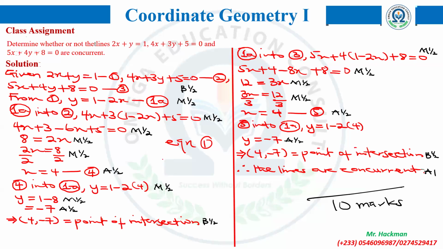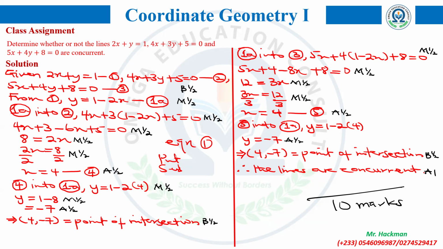Remember I told you not to write "puts"; instead of put, write putting. Don't write "substitutes"; write substituting. But it is not necessary. Just write the equation number that you want to substitute into the other equation: equation 1a into equation 2.